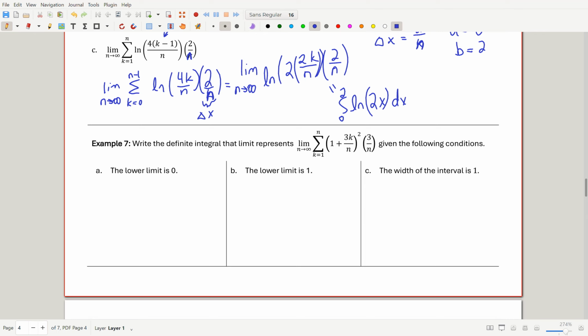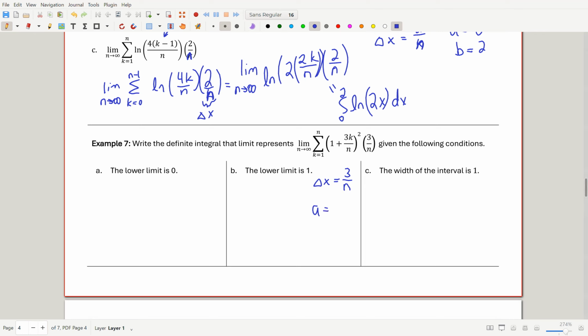Okay. I think if we were going to do any of them, we would probably do B. B would be the thing if I just said, hey, what integral is this? We would pick B. So let's do B first. We'll adjust to A. I think A is a really easy one. And then I kind of have to show you something for C. So B would be what we would generally do. What's my delta x? 3 over n. What's my a? 1, right?